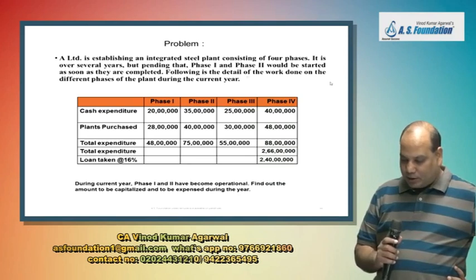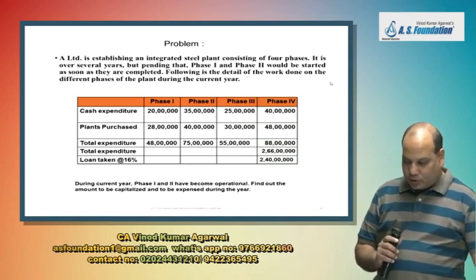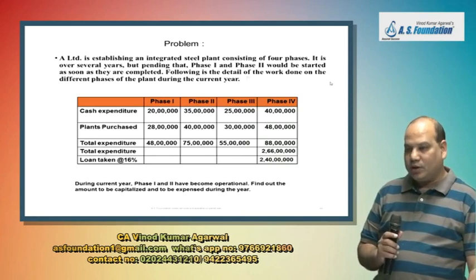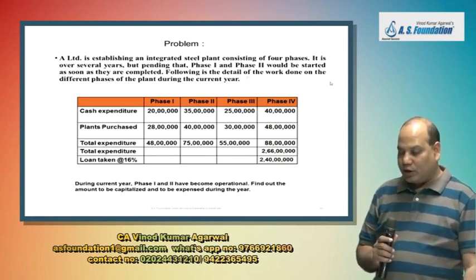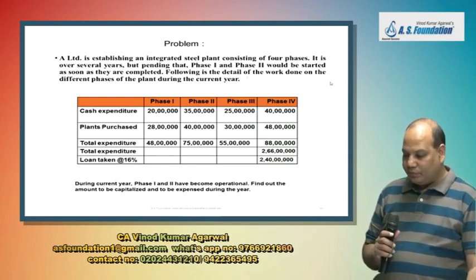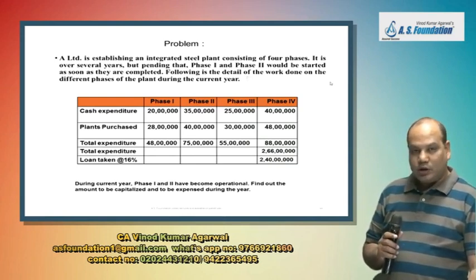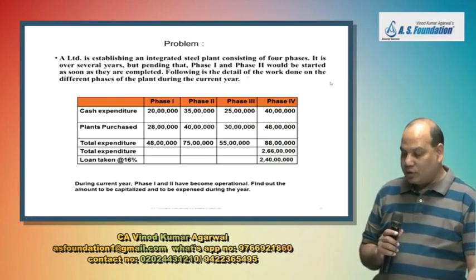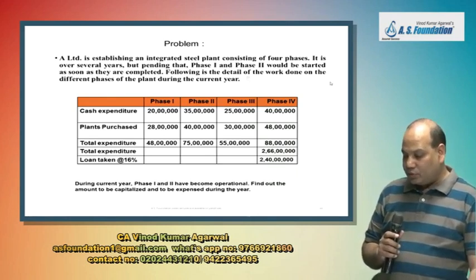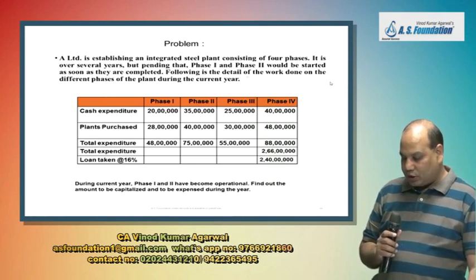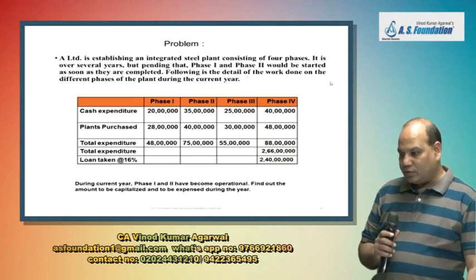But pending that, phase 1 and phase 2 would be started, as soon as they are completed. Following are the details of the work done on the different phases of the plant during the year: cash expenditure, plant purchased, total expenditure.